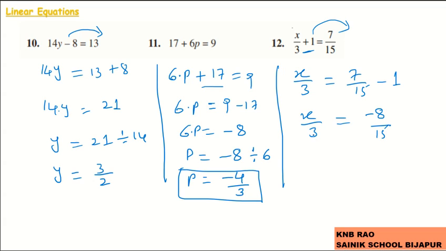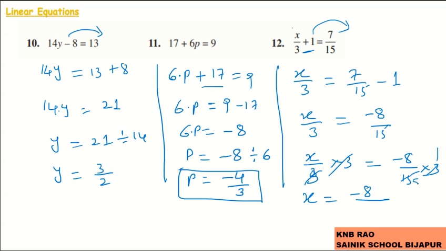Now this 3 is divisor. If it is to be removed, I have to multiply both sides by 3. So here this 3 cancels with this multiplicand. So x equals to minus 8 upon 3 ones are 3, 5s are 5. So x equals to minus 8 by 5 will act as the solution.